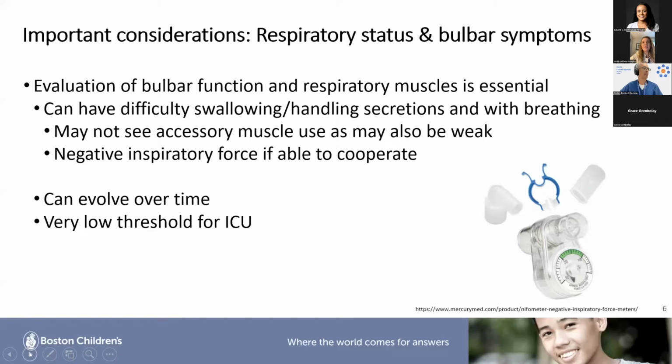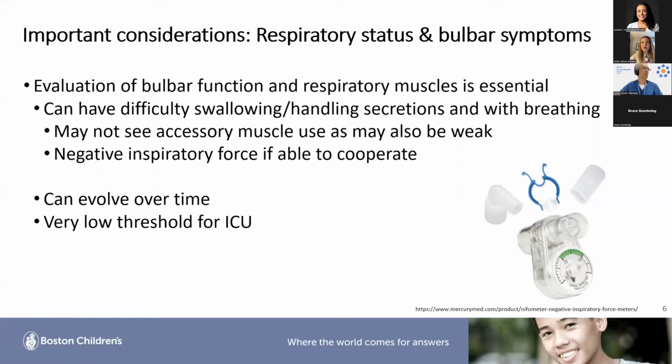Unlike when you're assessing a patient with respiratory distress in other conditions, they may have weakness of their accessory respiratory muscles as well, so you may not see the work of breathing that you would see in other conditions. If a patient is able to cooperate, we recommend negative inspiratory force in all patients where you suspect AFM. And as Dr. Otten showed in her timeline, this can evolve over days.